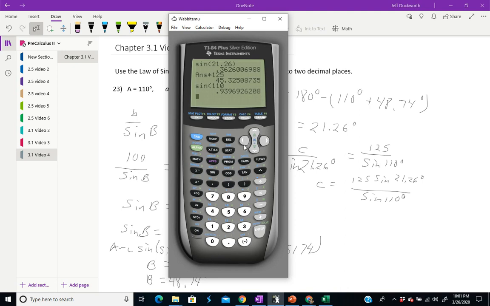So we're going to take 45.32-ish divided by that answer up there. Okay, that's a more reasonable answer. Clearly, it shouldn't have been 0.94. All right, so an answer of about 48.23 should be my length of c, and that would make sense.